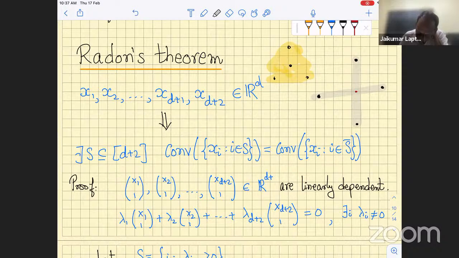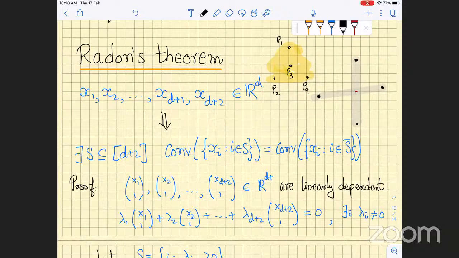Yashwant, can you find a set of points S out of this and its complement, such that the convex hull of S and the convex hull of its complement have a point in common? Should I give names to these points? P1, P2, P3, P4. Is there a set S? 1, 2, 4. That's right.